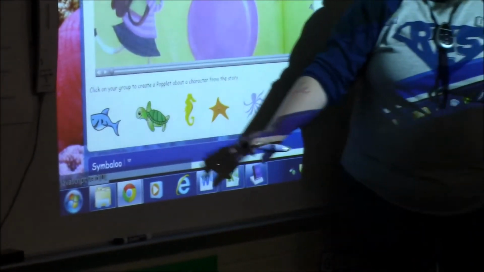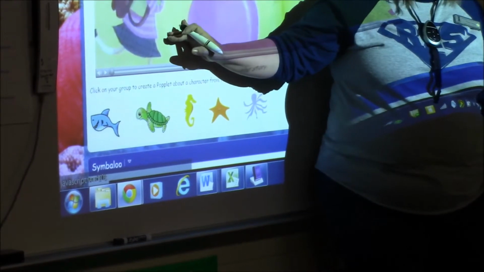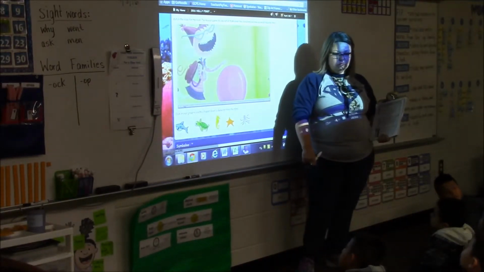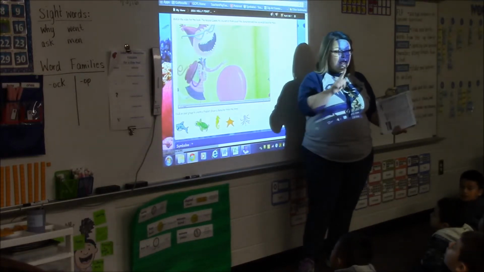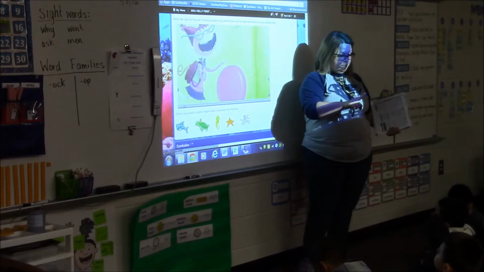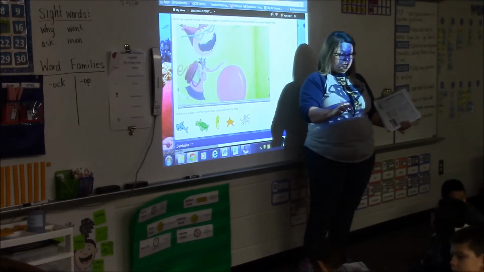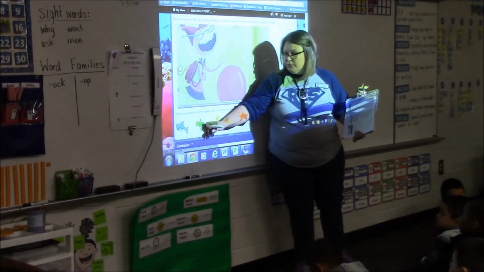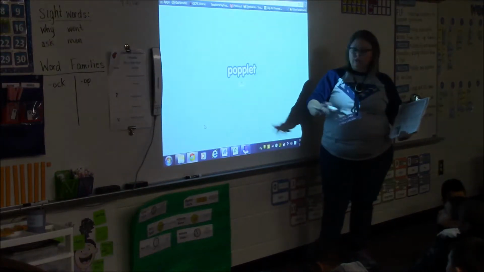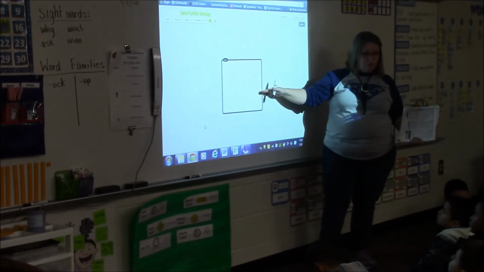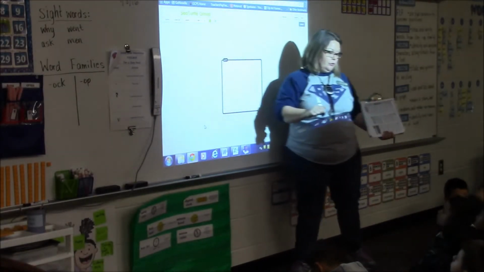If you're in the sea turtle group, as you're listening, you're going to be thinking, who are the characters in this story? Pick one character with your group. You all have to make the same choice. Then you're going to do just like we did with Tacky. When you click on Sea Turtles, it's going to bring you to a poplet that says Sea Turtle Group.